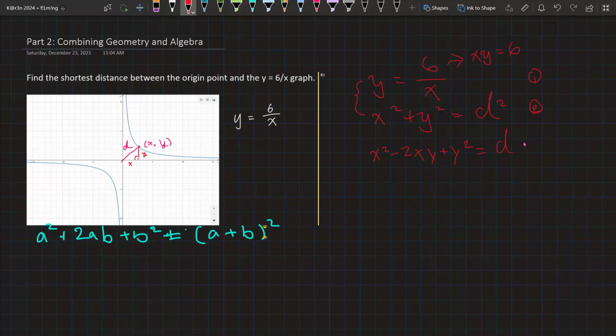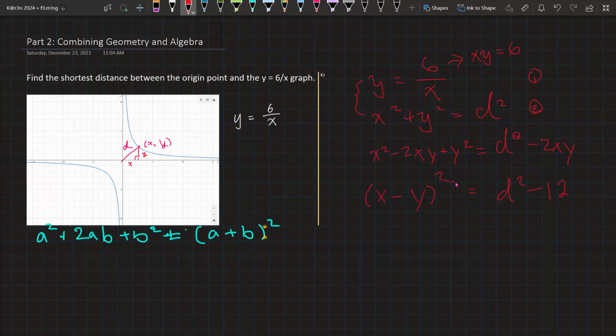So on the other side, we have d squared minus 2xy. But remember, we already know the value of xy because in the first equation, it says xy is equal to 6. So really on the right side, we have d squared minus 12. And on the left side, we have x minus y squared.